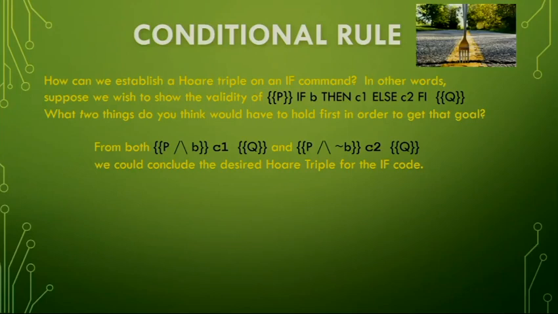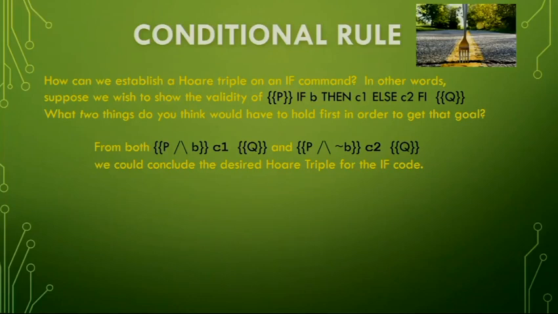In that case, you'll get Q. Q will be true about the state that we're in. On the other hand, what if B is false? If we're in the state where you have the assertion for P, but you also have not B, then we know that when you run C2, you also have to end up with Q. So if those two things happen, then we can actually include this thing about the substate.